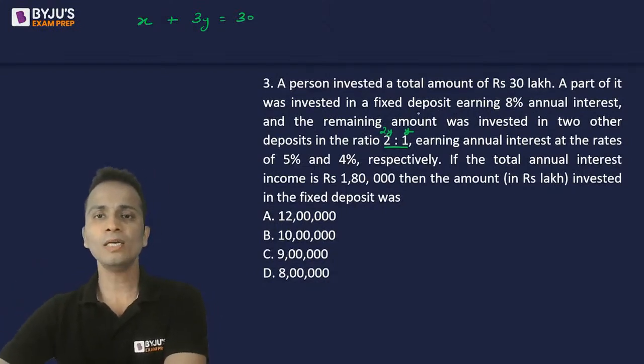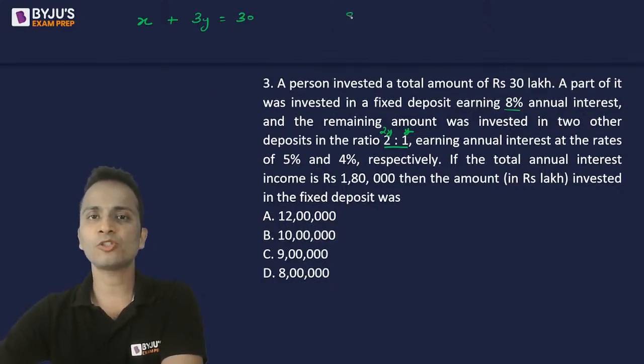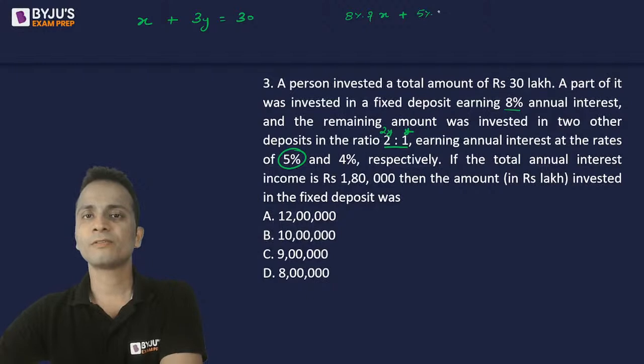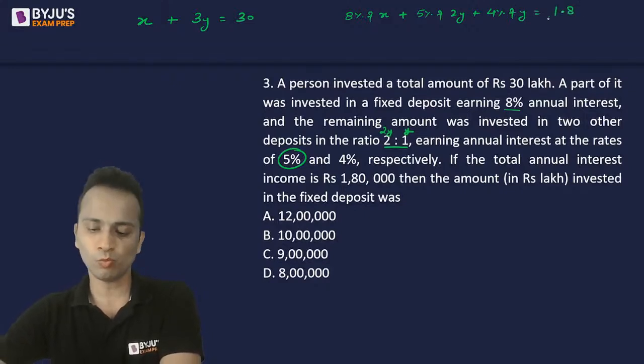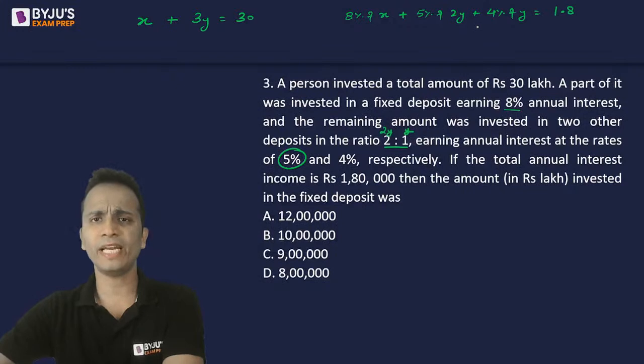In the fixed deposit, the person is earning an interest of 8%. So I can write 8% of X plus 5% of 2y plus 4% of y as the total interest, which is 1.8 lakhs.